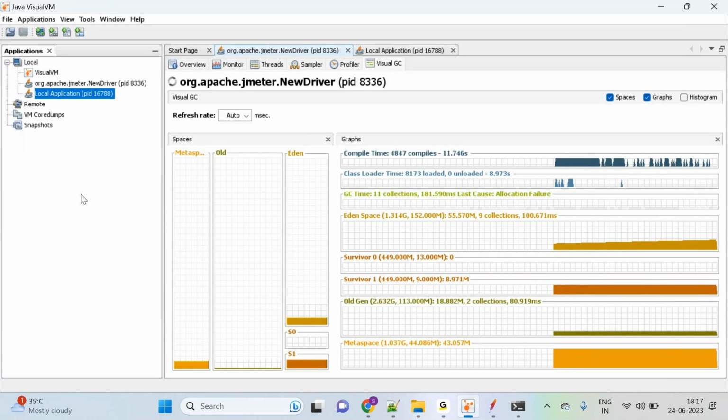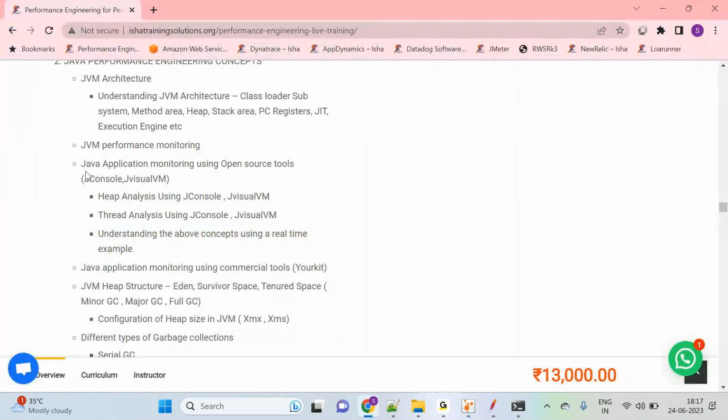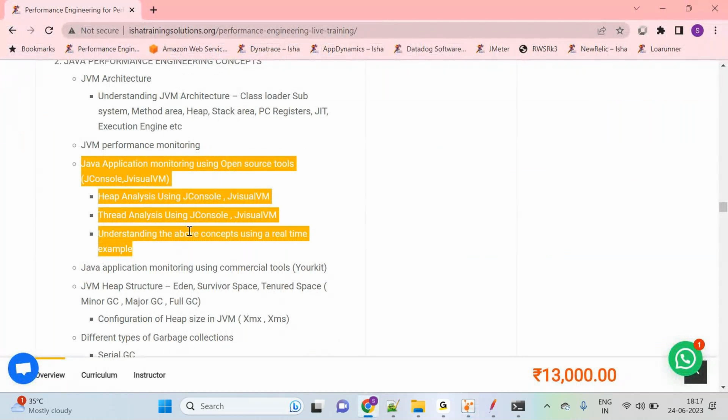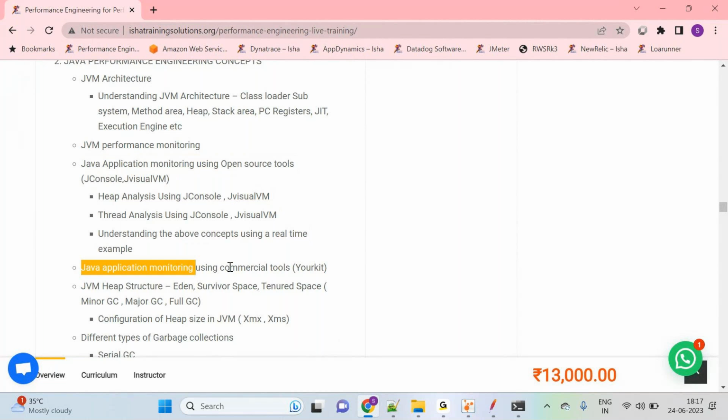So that is also covered. Whatever I explained till now is the open source option, because these are utility tools available inside the JDK. There is also a commercial tool available called YourKit Java Profiler.